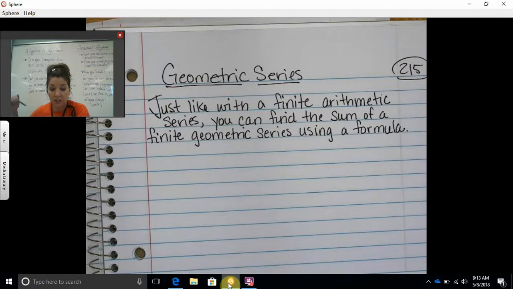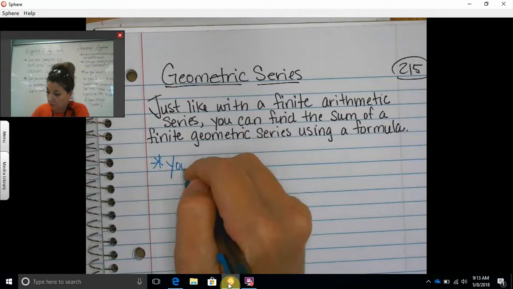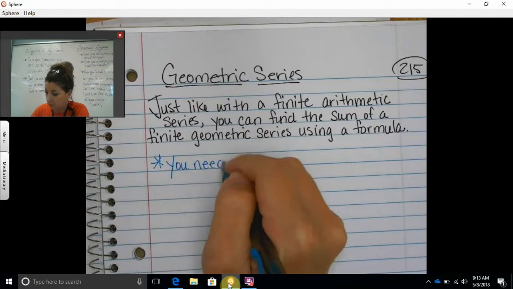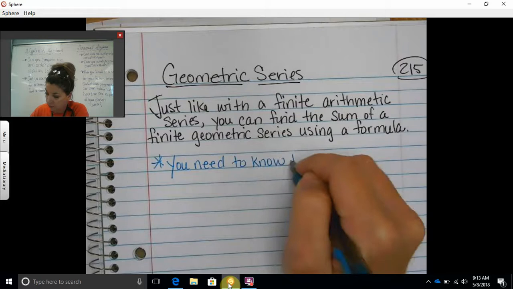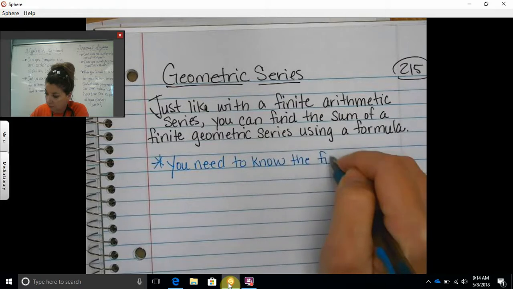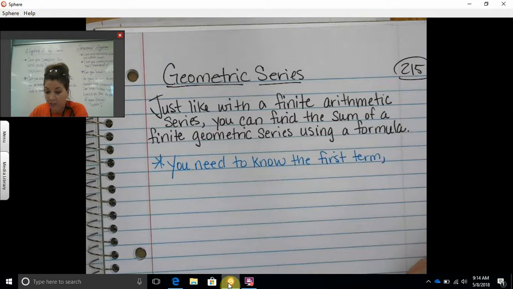You need to know the first term, the number of terms, and the common ratio.